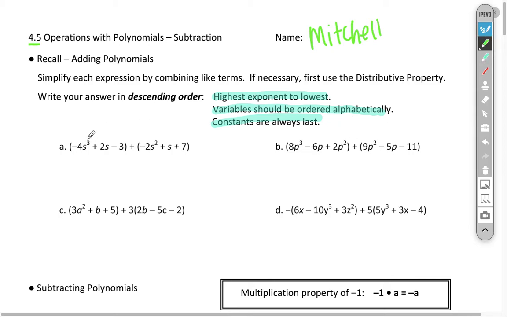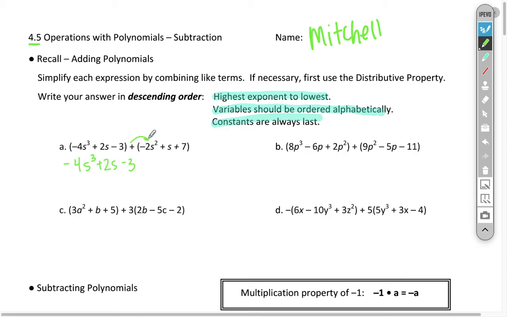So we've got negative 4s cubed plus 2s minus 3 plus negative 2s squared plus s plus 7. First things first, we can just bring this left side down, right? Nothing's going to change on that. So we'll have negative 4s cubed plus 2s minus 3. And then this positive isn't going to change anything over here.